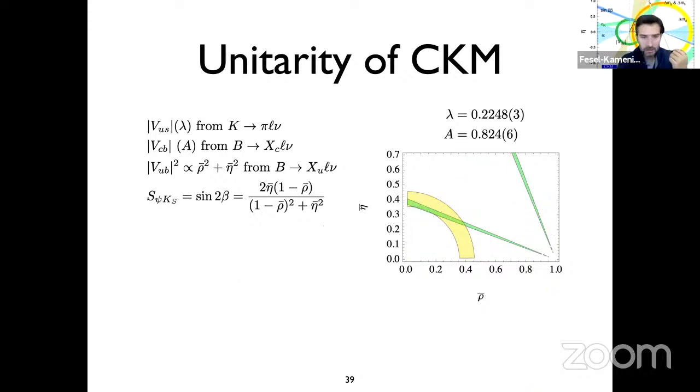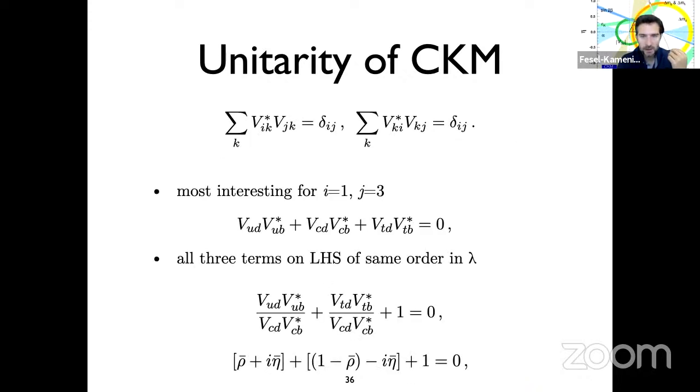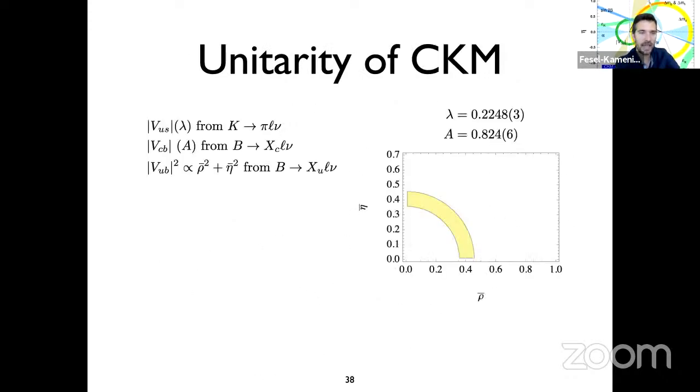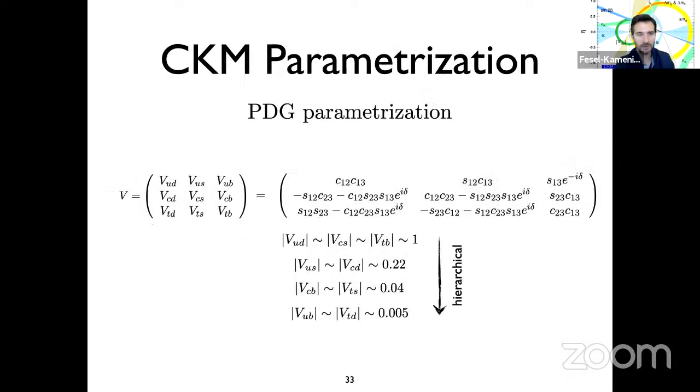Oh, so the Wolfenstein parameterization is very simple in the sense that if you just write out the moduli of the CKM, at least some of them are directly measured. For example, in kaon and B decay cases, one can already establish that the moduli of the off-diagonal elements, namely VUS, VUB, and VCB, are small and they exhibit a clear hierarchy, right?